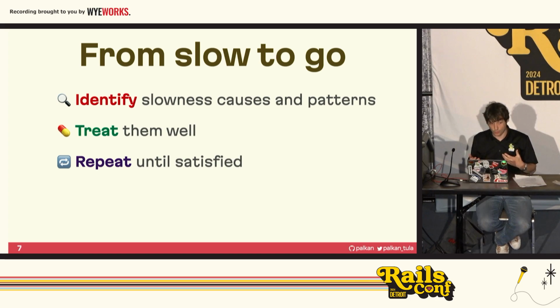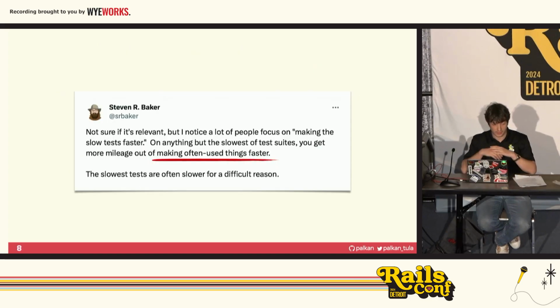When you should be satisfied with your tests, we're going to talk about in a second. But one thing I'd like to start with is the identification, or how to identify problems in your tests. One may assume that, okay, we have the profile flag in RSpec, and it has been recently introduced to the Rails test runner, and you just run it, you see the top 10 slowest tests, and you go and fix them, right?